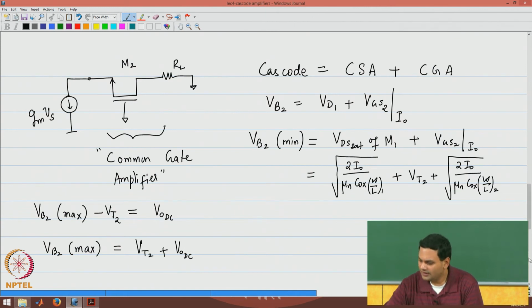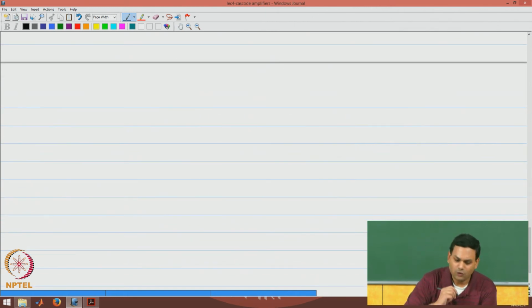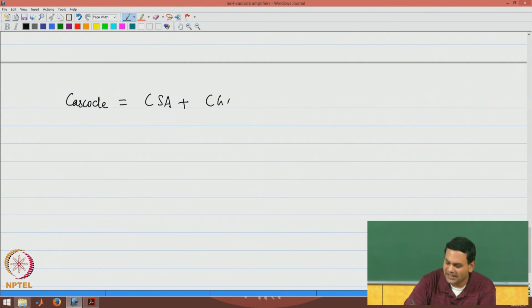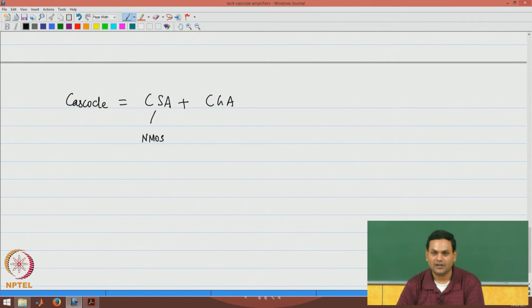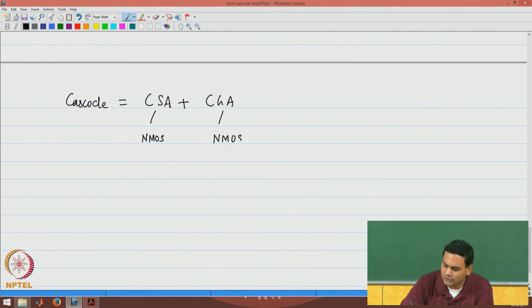Now, if you remember, we had said that the cascode is a common source amplifier cascaded with a common gate amplifier. The common source amplifier is an NMOS common source amplifier, and in the first case we had seen that the common gate amplifier is also an NMOS device.